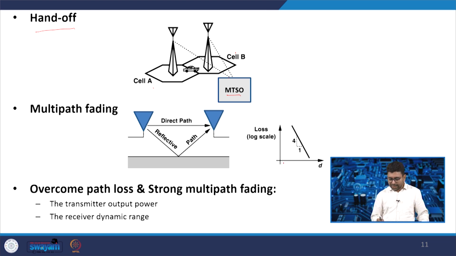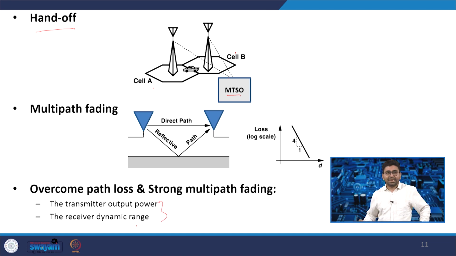So, generally the loss due to multipath fading is around 4 dB, as shown in the graph in the log scale. So, if you want to overcome the path loss or strong multipath fading, there are two obvious methods.